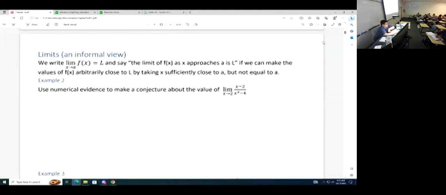And so if we're looking at the limit as x approaches a of that f of x, this is like when we did the y equals x cubed. We're going to get some value, L. L here is just a value.